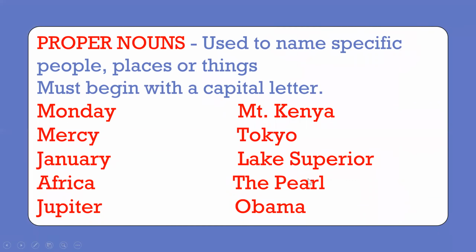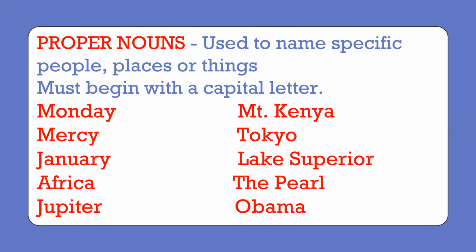So a proper noun is used to name specific people, places, or things. And a proper noun must begin with a capital letter. Here you are not generalizing people, but you are becoming very specific. You are mentioning a particular individual.